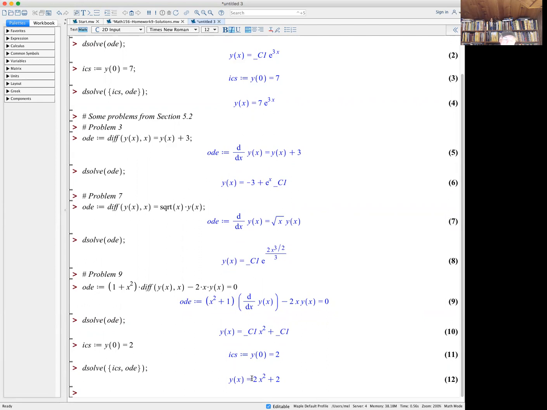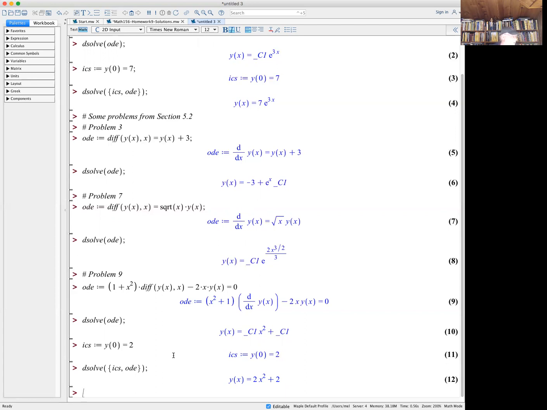What's 2x times this? 4x cubed plus 2x. 1 plus x squared times 4x equals 2x times this. Right? Just check it with a pencil and paper if you like. You'll see that it works. I mean, it's one simple command and it works.